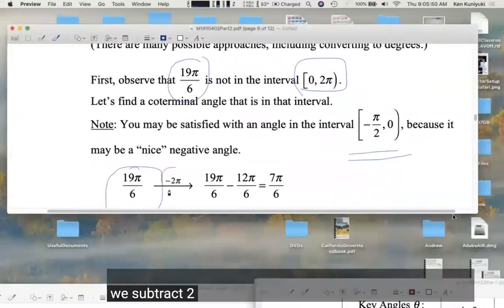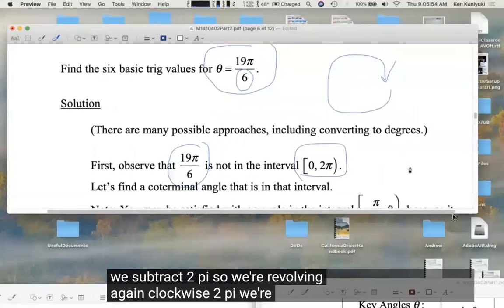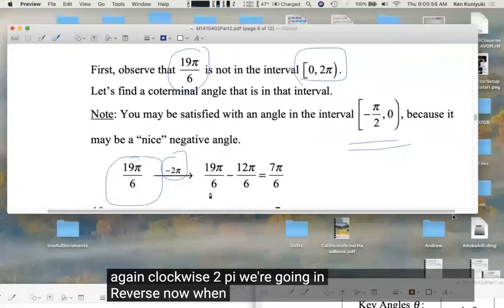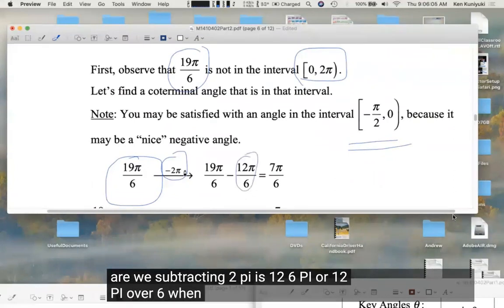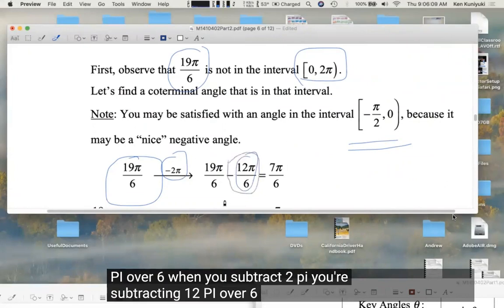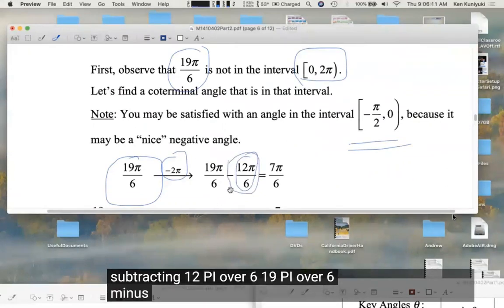We subtract 2 pi, so we're revolving clockwise 2 pi. We're going in reverse. 2 pi is 12 pi over 6. When you subtract 2 pi, you're subtracting 12 pi over 6. 19 pi over 6 minus 12 pi over 6 is 7 pi over 6.